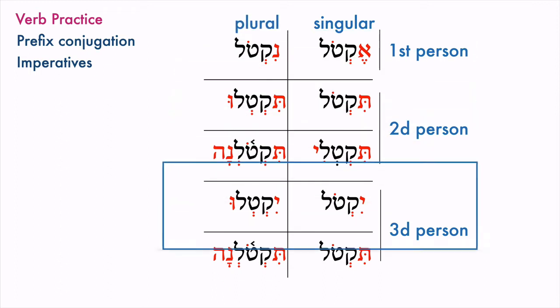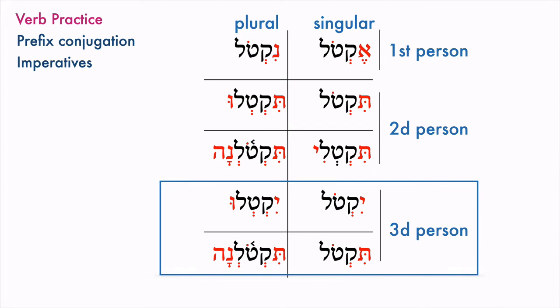And we have the third person. So let's start with the he form, yiktol, he will kill, and they is yiktolu. The feminine forms, tiktol, she will kill, tiktolna, they will kill.